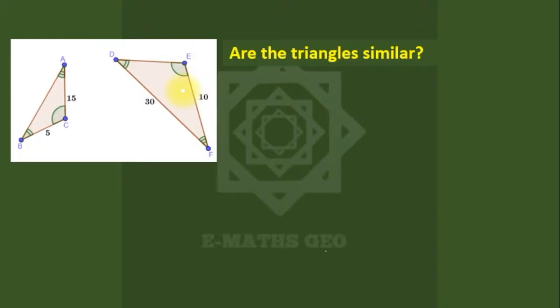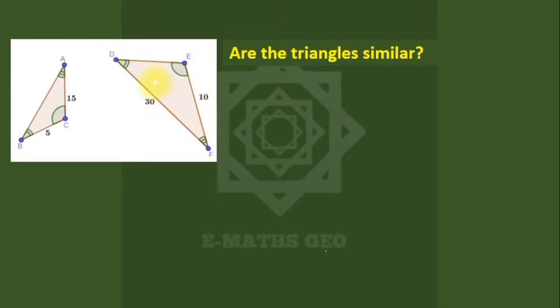And if you check, this is 5, 15. If I do 15 over 30, we'll get 1 over 2. 5 over 10, 1 over 2. It seems they are similar, but don't make that mistake. Assuming all three sides have the same ratio, you know that they are similar.